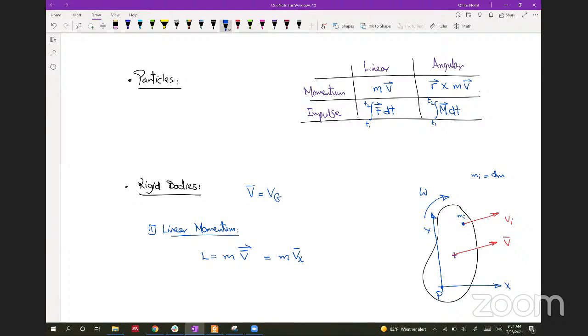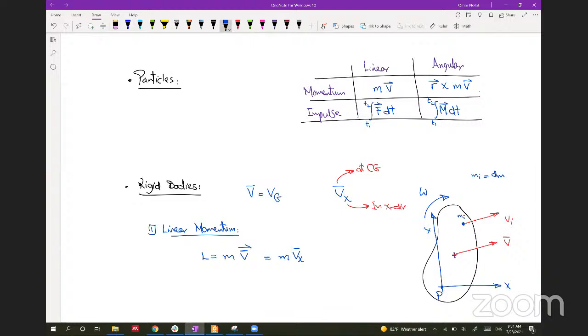So when I say bar, it means it's at the CG. So let's write it here. If we have v bar x, the bar means at the CG, and the x means in the x direction.